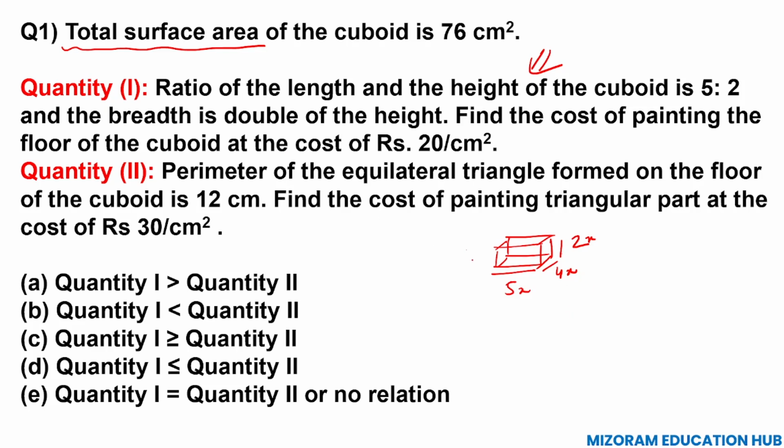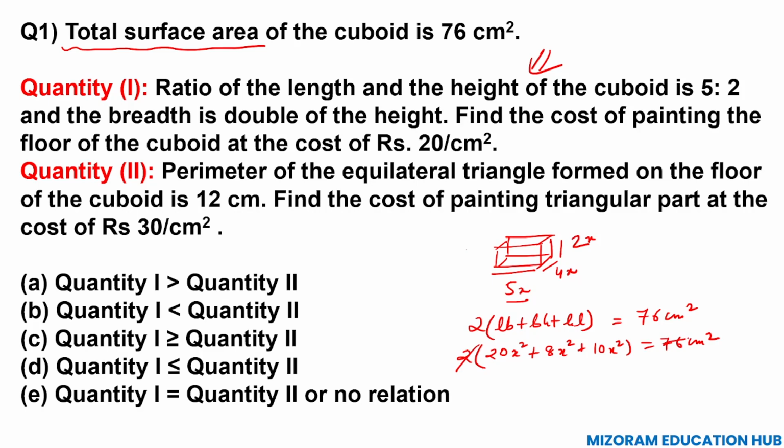Now with the help of total surface area. Total surface area formula is 2(LB + BH + HL). The given value is 76 centimeters square. L into B means 5x into 4x, 20x square. BH means 4x into 2x, 8x square. HL means 2x into 5x, 10x square, is equal to 76 centimeters square.